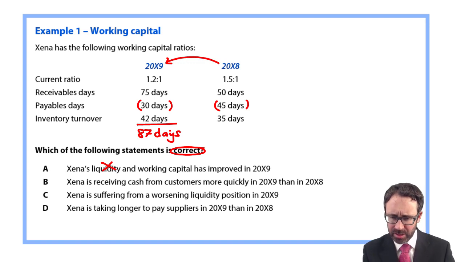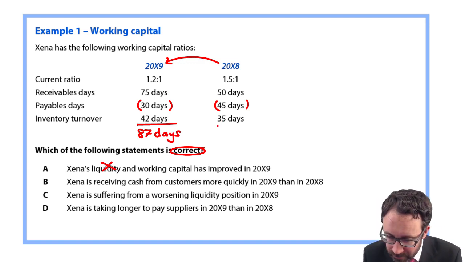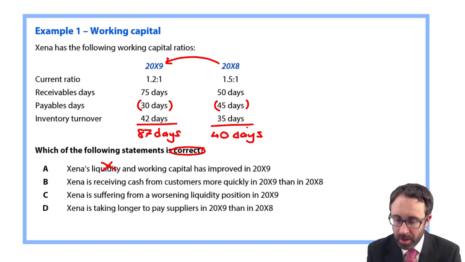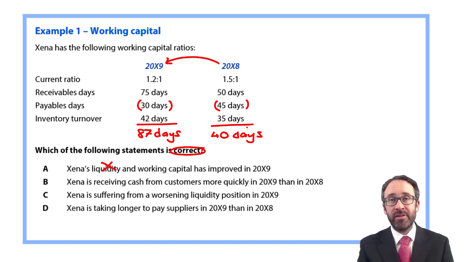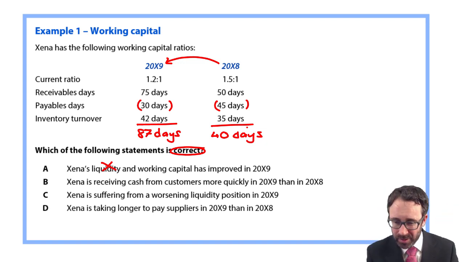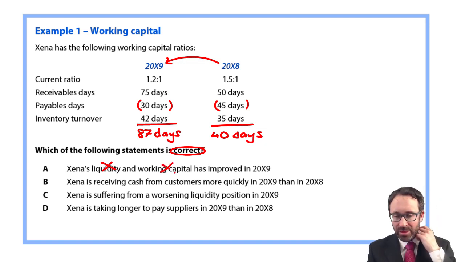Is that this year? 75, 30, 45, 87. And then, double check, my arithmetic's not great, 45 from 50 is 5 plus 35 is 40 days. So working capital has got worse as well. So it's definitely not A. Neither of them have improved.